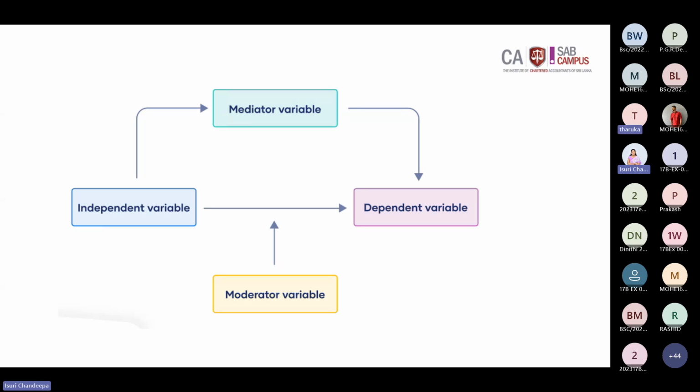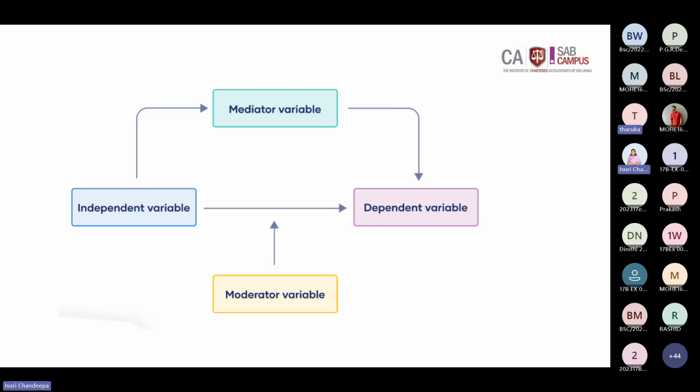Sometimes, for the dependent variable, other than the independent variable, there are a lot of variables impacting it. Other than the selected independent variable for your study, there are a lot of unidentified independent variables which are affecting the dependent variable.